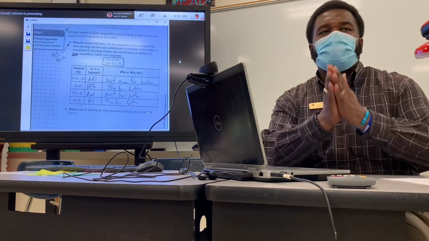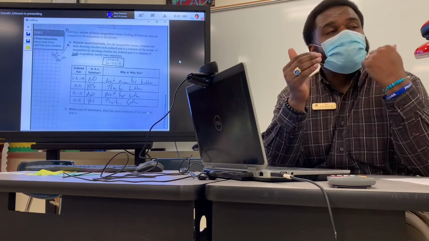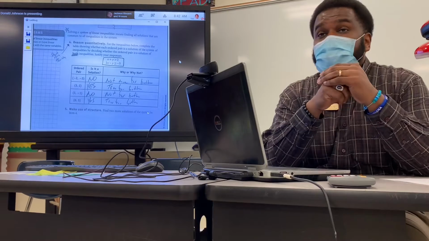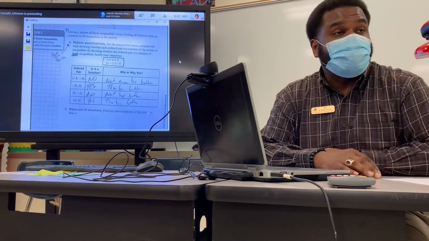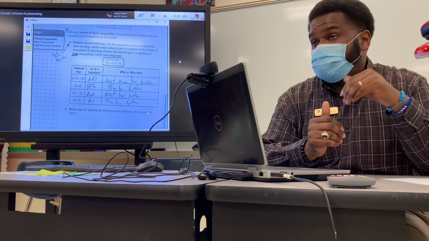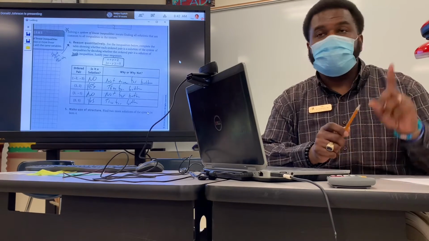So again, in order to check to see if an ordered pair is a solution to a system of linear inequalities, when you plug that ordered pair in, it must make both inequalities true. If just one of them is true, it's not a solution. But if they're both true, it is a solution. Any questions?